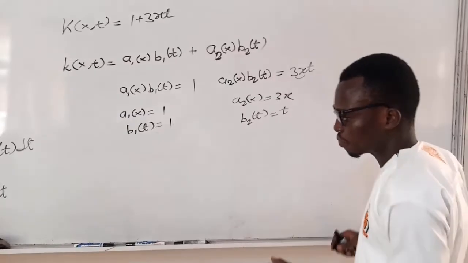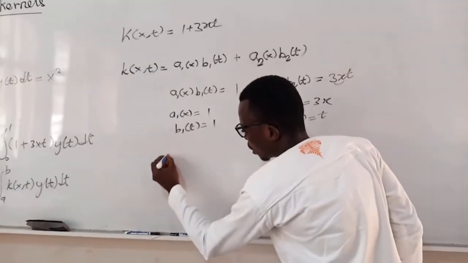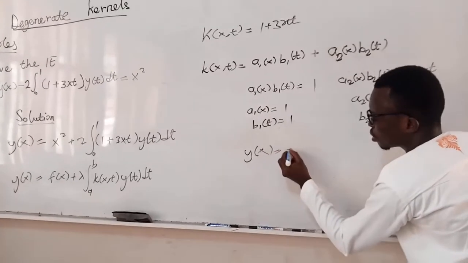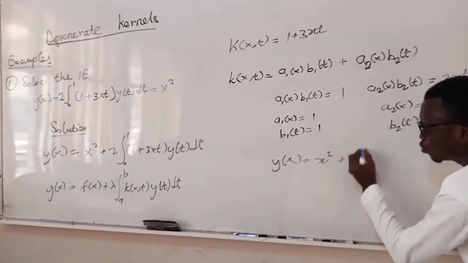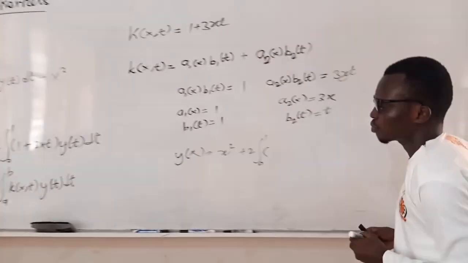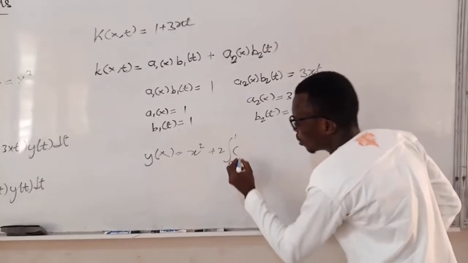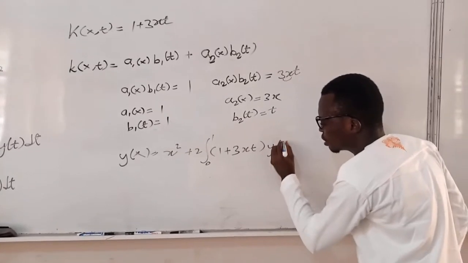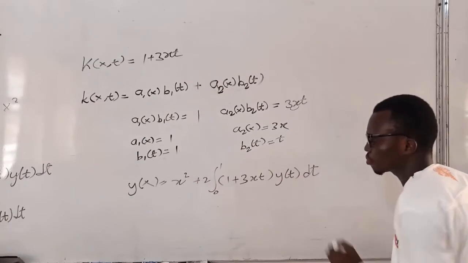So let's start. We have y(s) equal to s squared plus 2 integral from 0 to 1, (1 + 3st) y(t) dt.